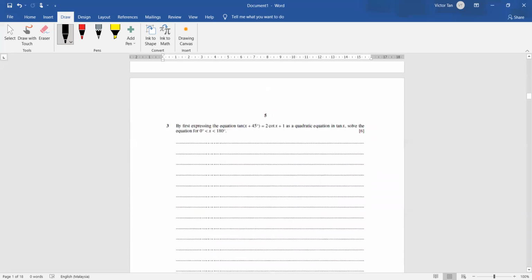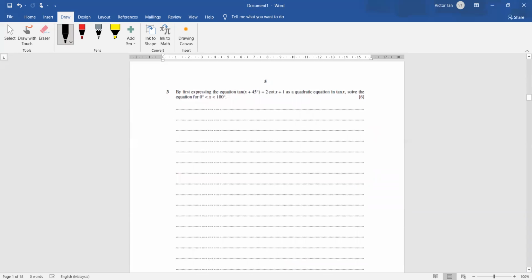Next question. By first expressing tan(x + 45) equals 2 cot x as a quadratic equation in tan x, solve the equation for x between 0 and 180 degrees.